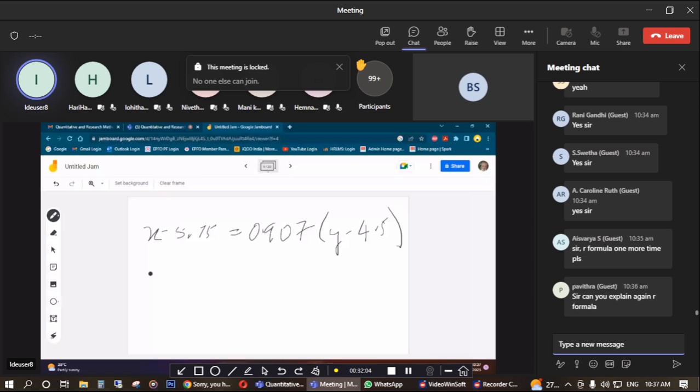So x minus 5.75 is equal to, multiply this with this, multiply this with this.